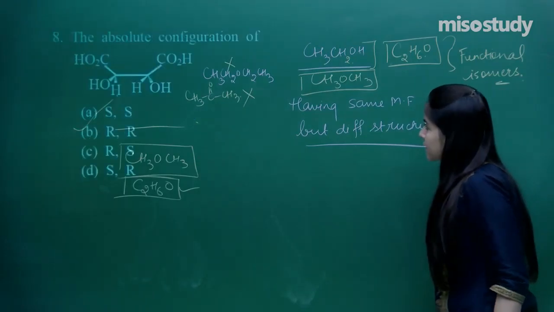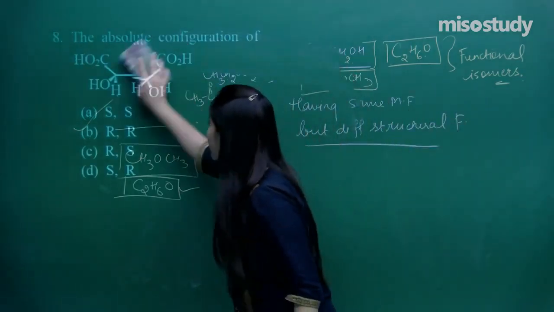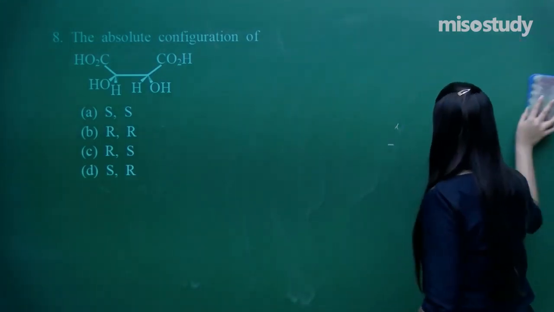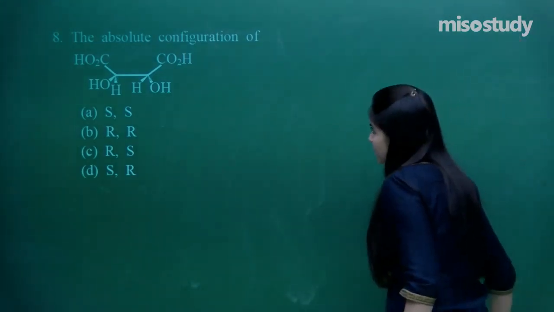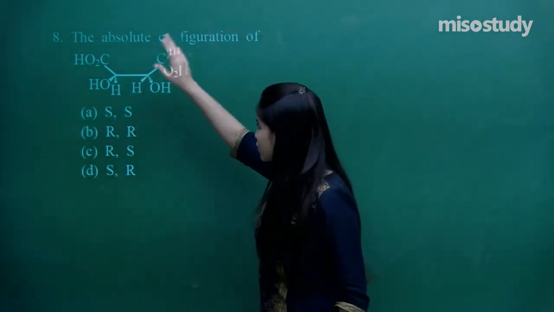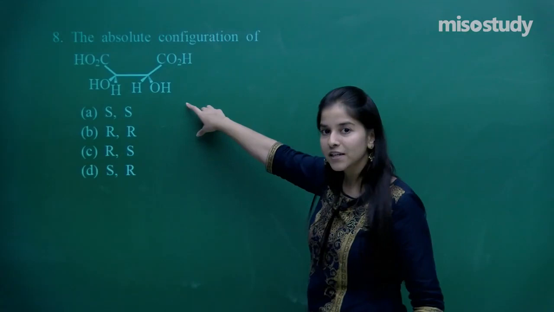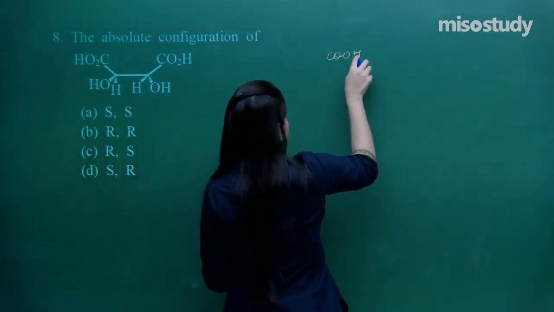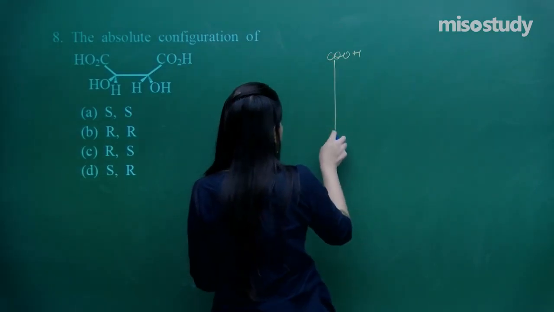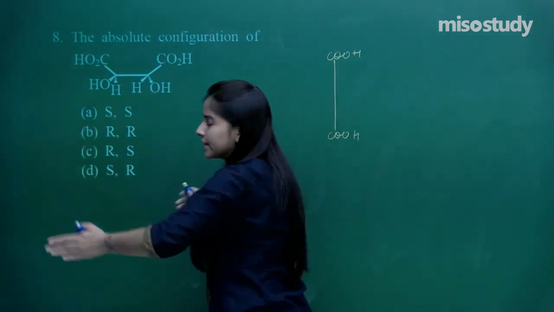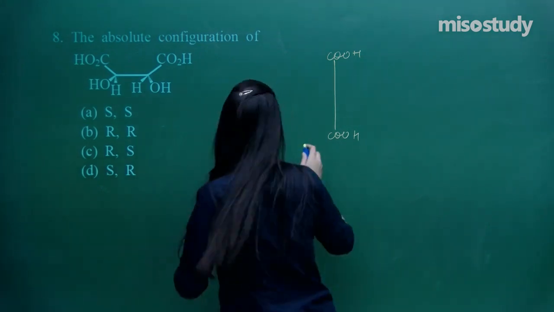What do I have in the next question? Oh wow, it is again a similar approach to what we followed in the first question. That means finding out the absolute configuration. I have got 2 chiral carbons if you look very carefully. Let us first have the structure in the form of a Fischer projection. 2 COOH at the very ends, that is how you represent it.